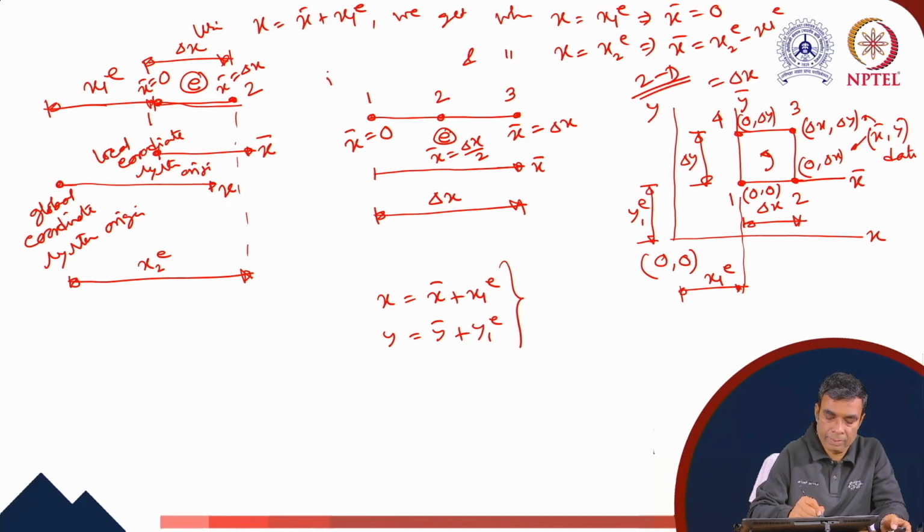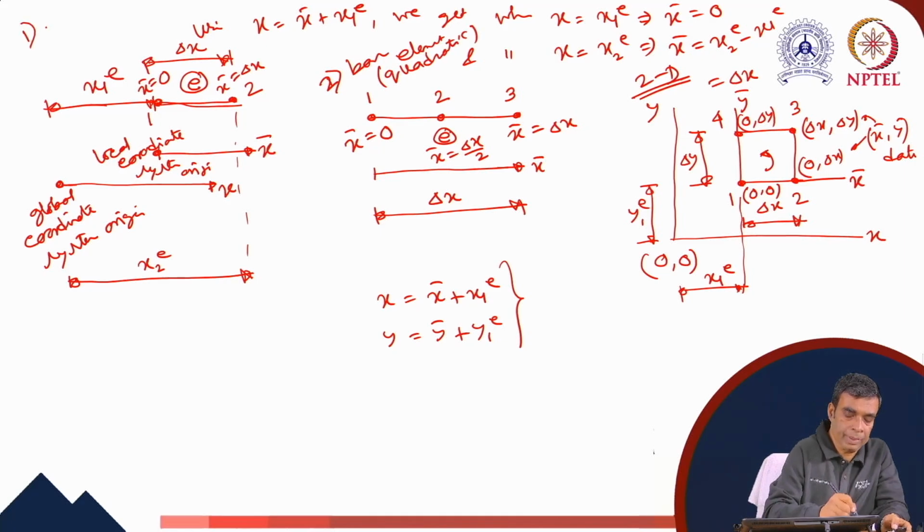So this is in 2 dimensions. This is a bar element of quadratic type. This is a bar element of linear type.